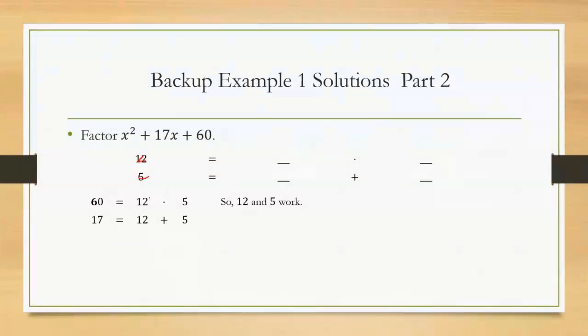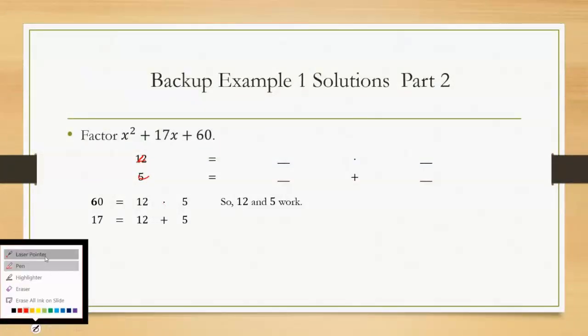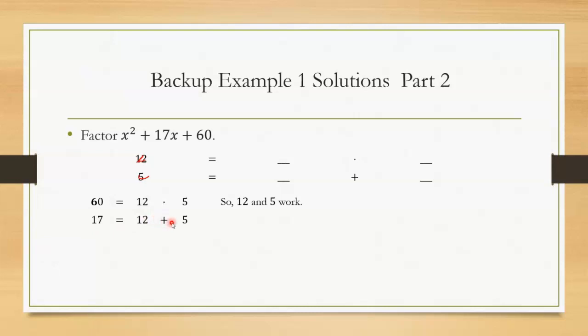I don't know what happened. Oh boy, that's all right. Anyway, 12 and 5 are going to work. 12 times 5 by direct calculation is 60, and 12 plus 5 is 17. So 12 and 5 are the numbers that will work.